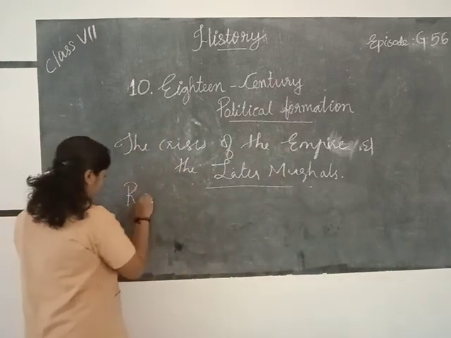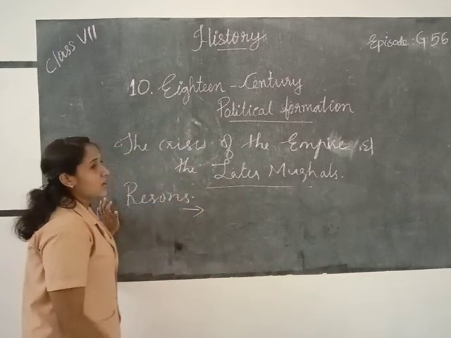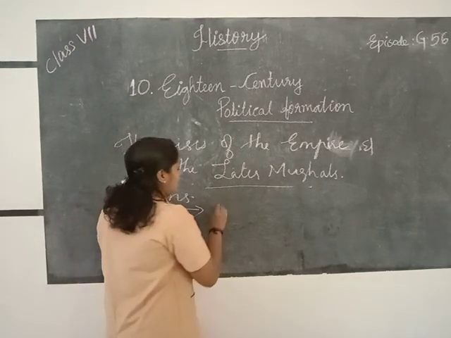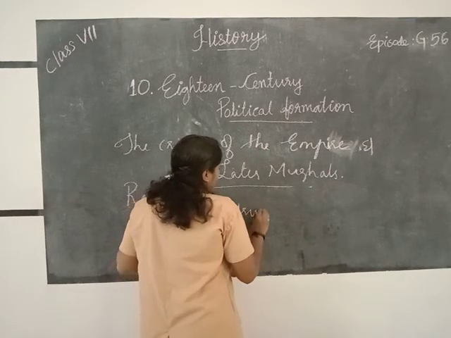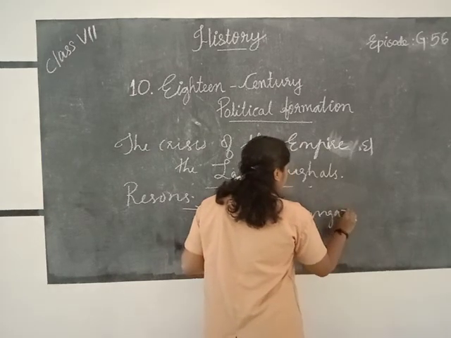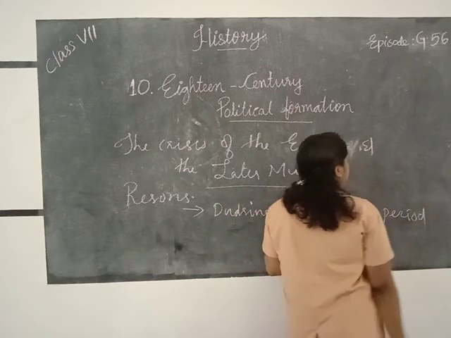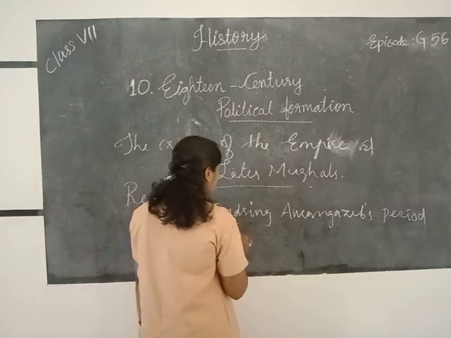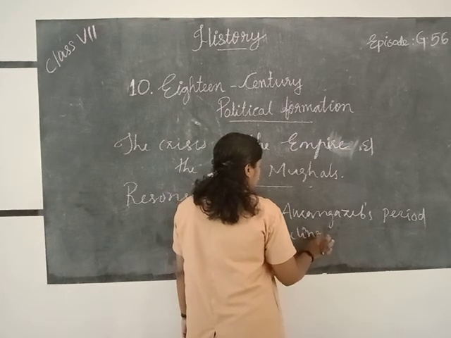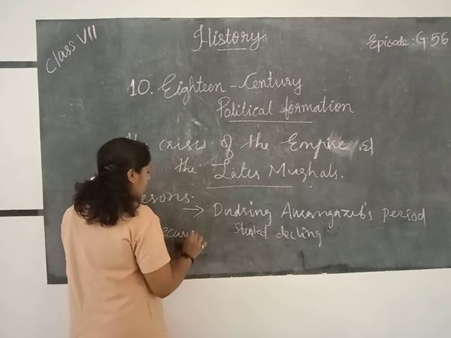The reasons are the causes of the declining of the Mughal empire. What was that? And during whose period? During Aurangzeb. During the Aurangzeb period, the Mughal empire started declining. Because of what?